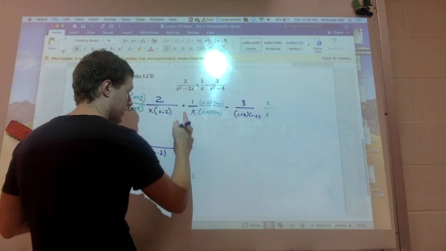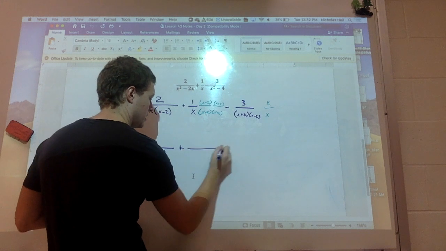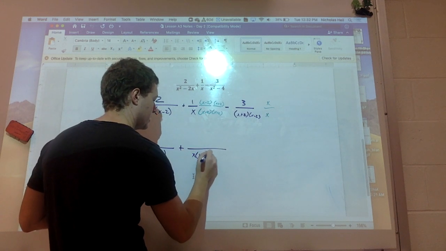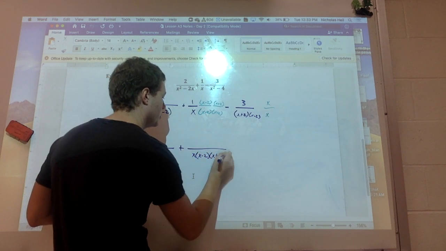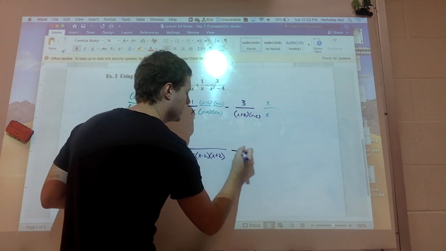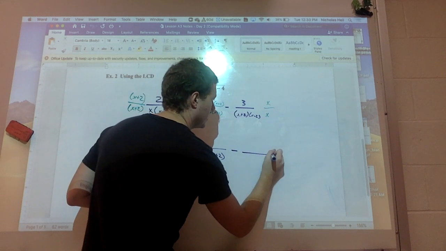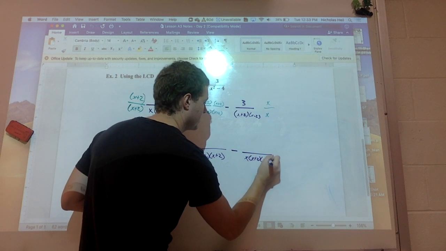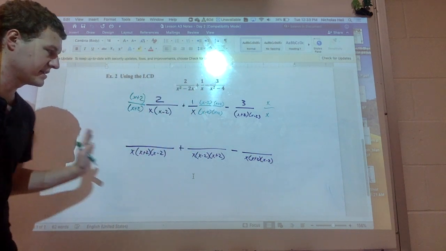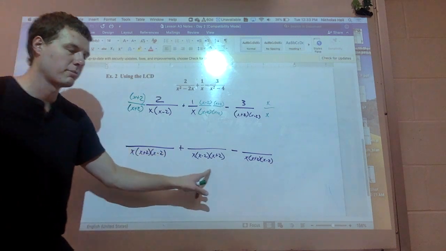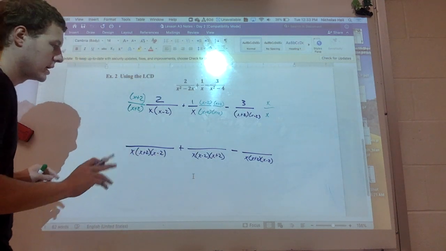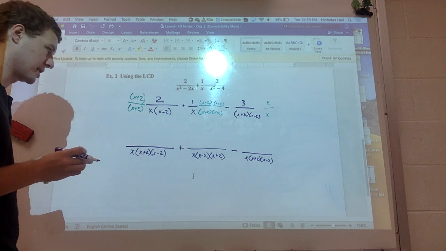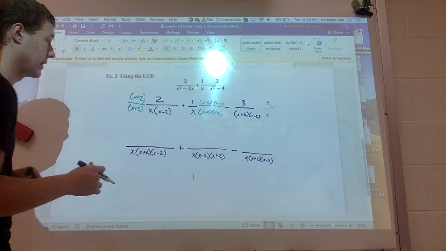I've got a plus x times x minus 2 times x plus 2, and then minus, same thing, x plus 2, x minus 2. Remember, the goal of this was to make the same denominator the whole way through. Don't worry about my change in signs there. I still have the same denominators.